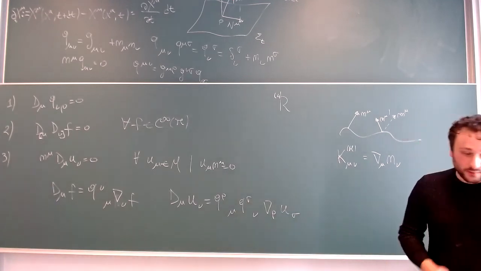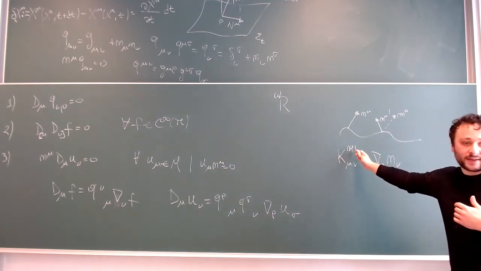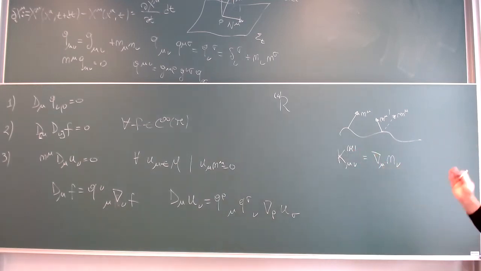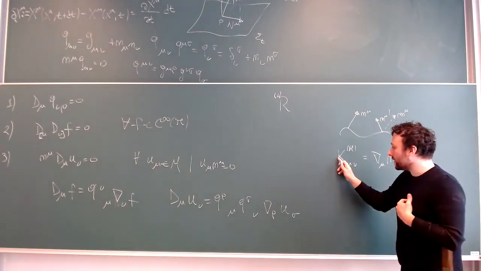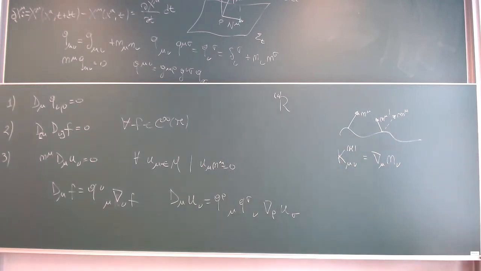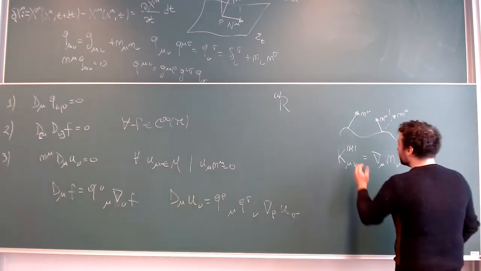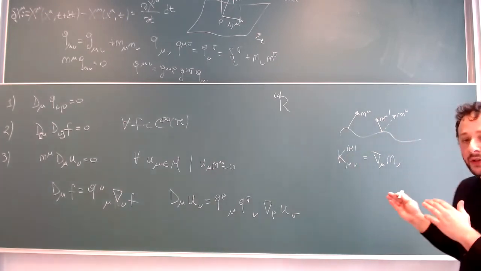But we also have to move from the total space-time to the sigma space. So how can we define this K? How does it transform when we start from M and move into sigma?